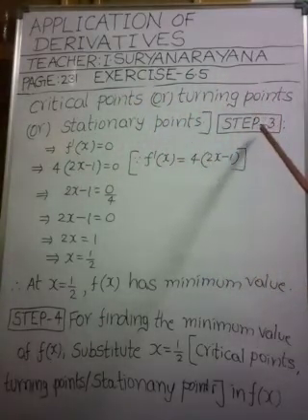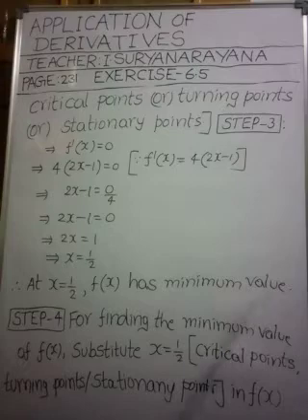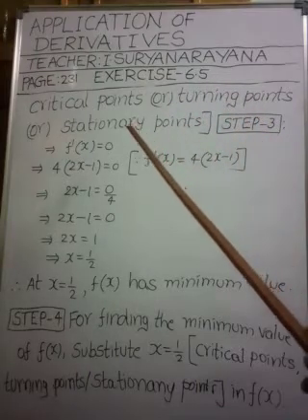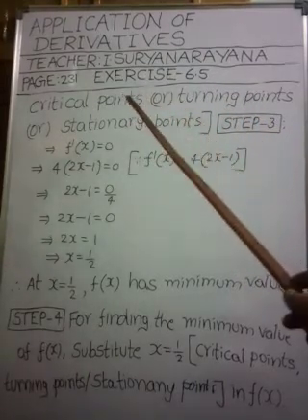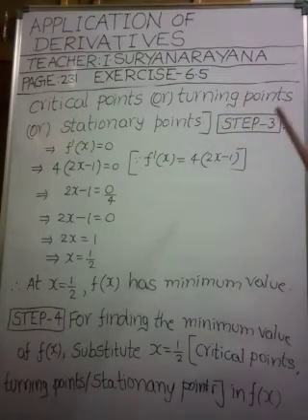This is nothing but step 3. In step 1, we found f dash of x. In step 2, we found f double dash of x. In step 3, we are going to find critical points or turning points or stationary points. Remember these steps, my children.